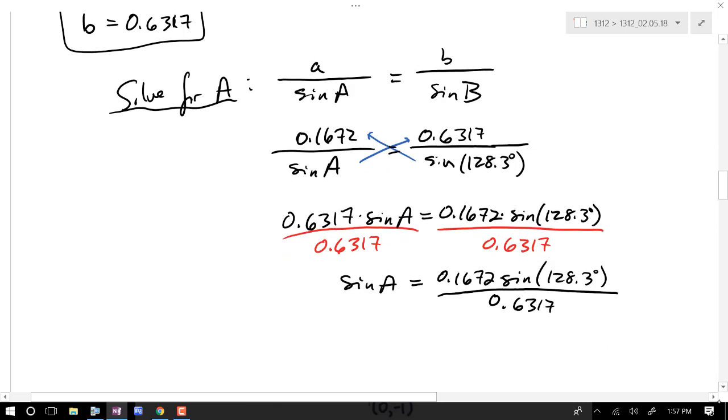I know the arc sine will give me the angle I'm looking for because the remaining angles, including angle A here, have to be acute.